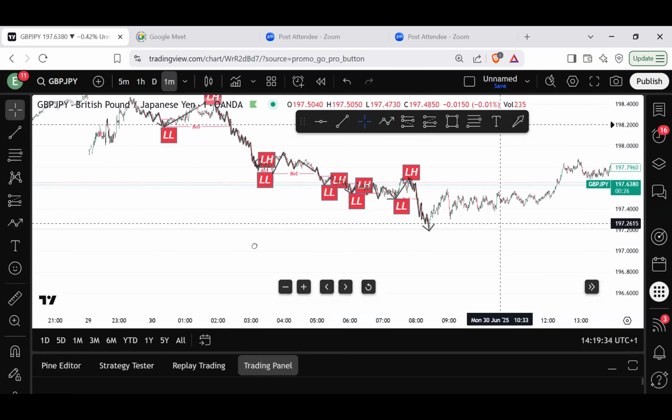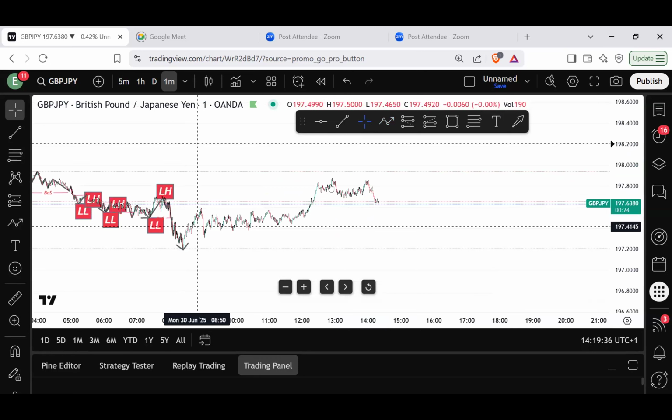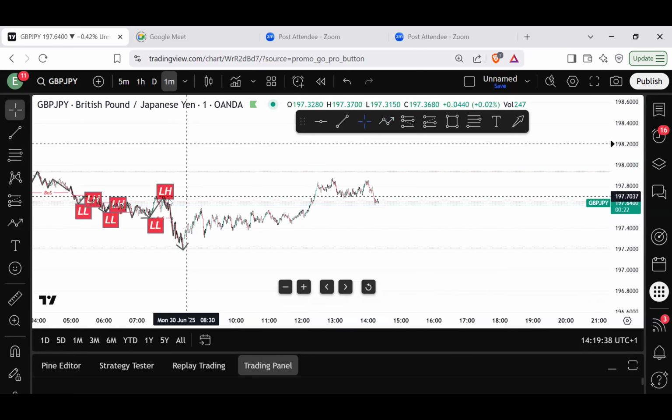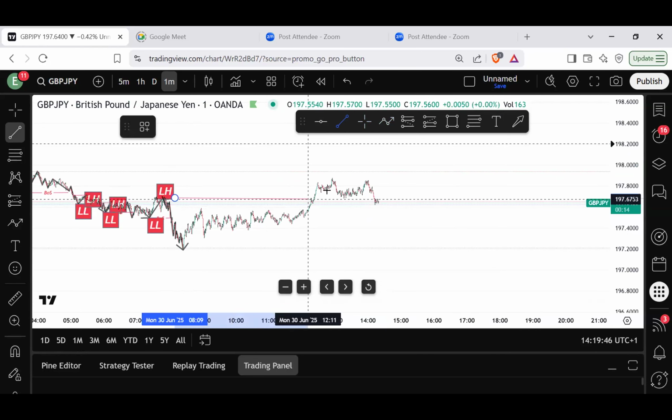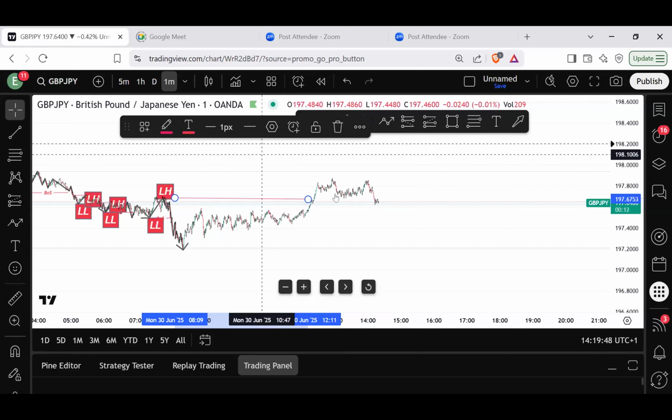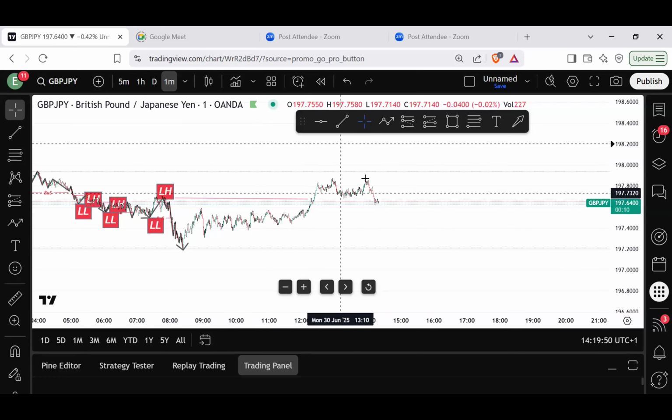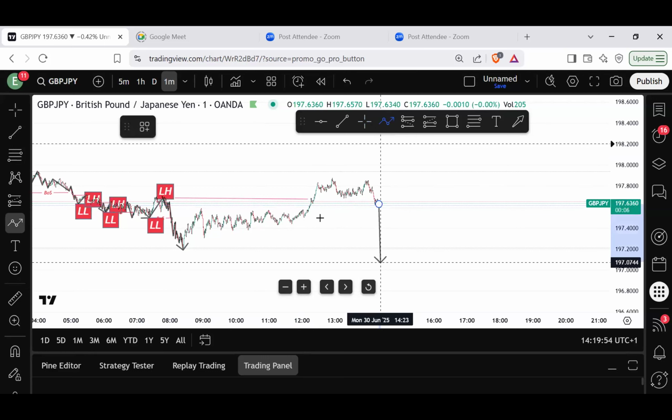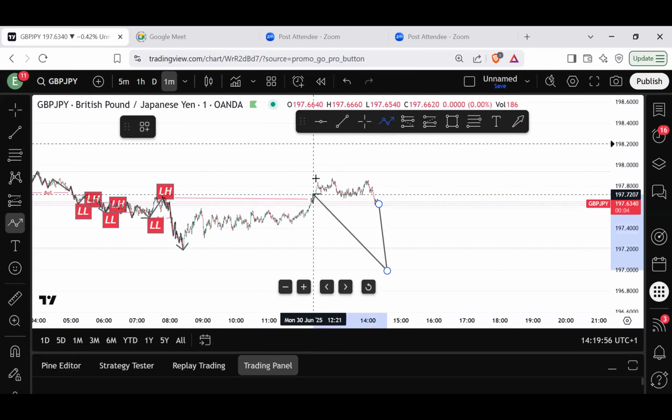Again, now correction. The correction looks like a trend change, but we don't know yet. So if we have something like this, it means this is just a sweep.